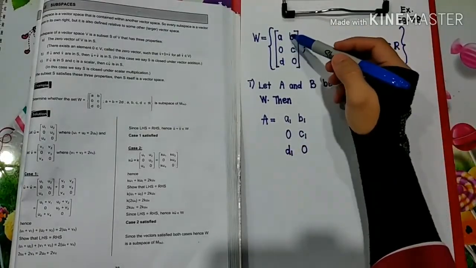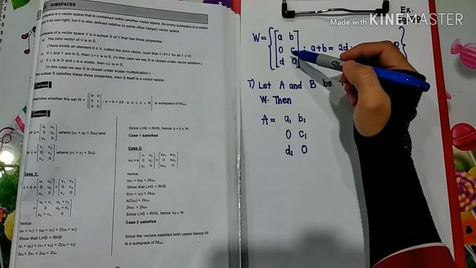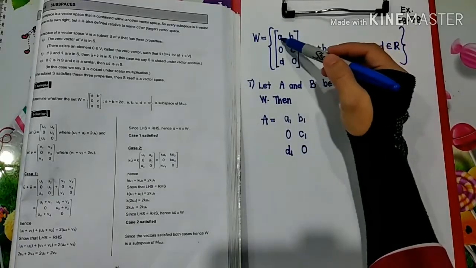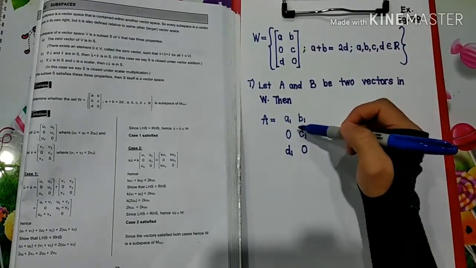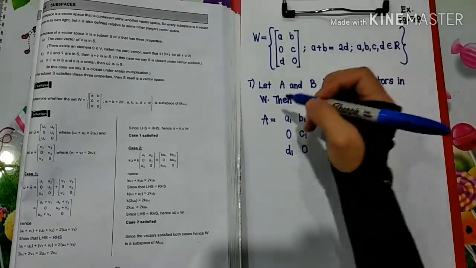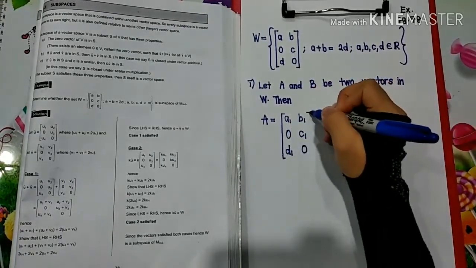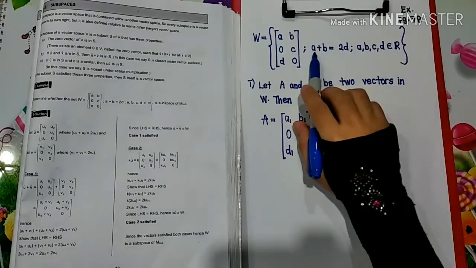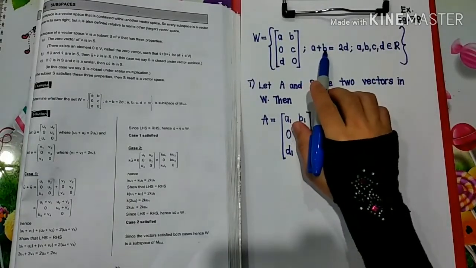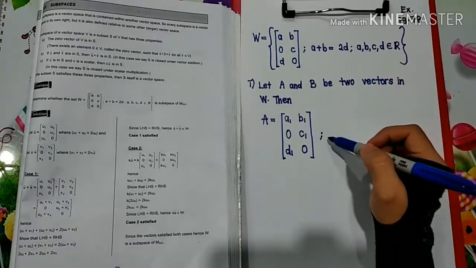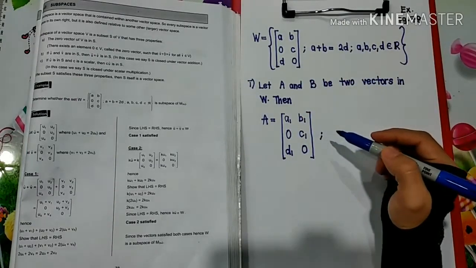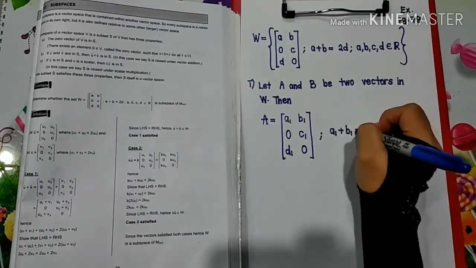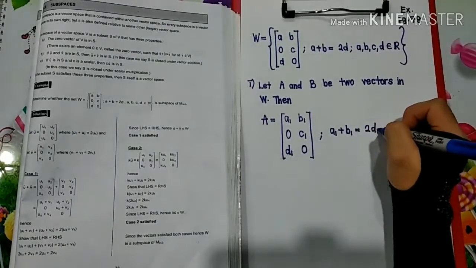You can use any unknowns, but it is easier if you just follow what is in W and change it into A1, B1, 0, C1, D1, 0. Next, we have the condition where A plus B equals 2D, so for vector A we must put the condition A1 plus B1 equals 2D1.